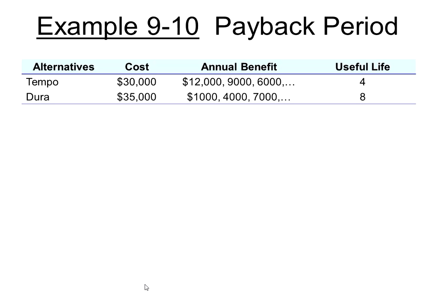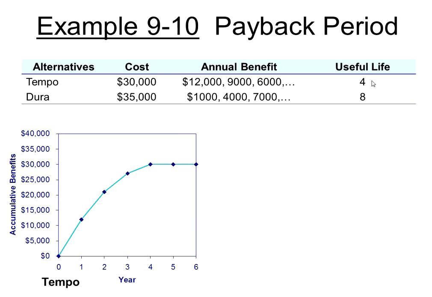So once again, we have two alternatives, Tempo and Dura. Here's the cost, annual benefits, useful life, and cumulative benefit for Tempo. It crosses at 3000 in year 4, but look, we're ignoring what happens after, right? In years 5 and 6, this is still our cumulative benefit.